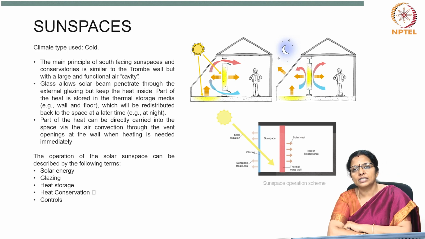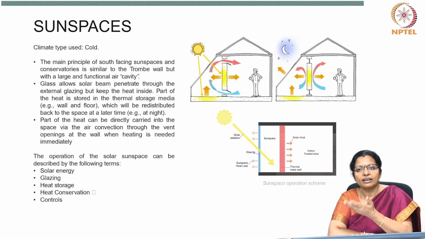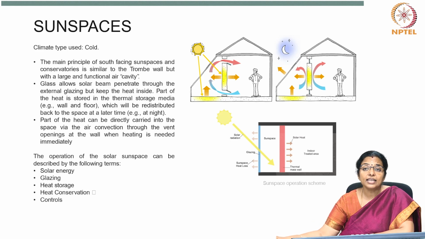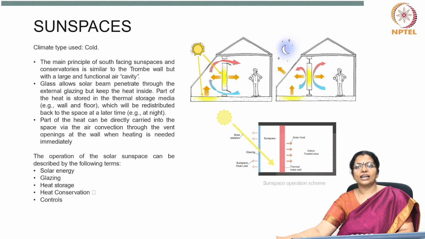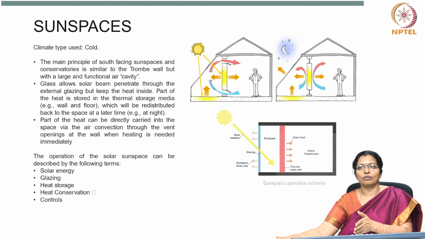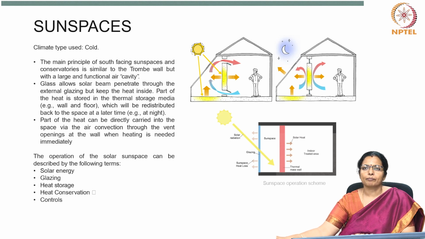Dark colored surfaces are generally higher in absorption than light colored. The heat storage medium should be very effective, and this is higher when the direct radiation strikes the surface. So, the sun space floor or the north or the common wall with the adjoining room are preferable locations for the heat storage to take place.